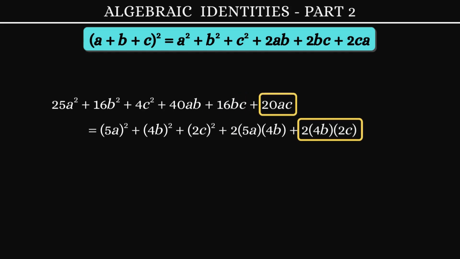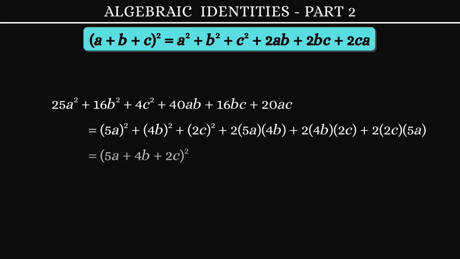And 20ac will be written as 2 into 2c into 5a. So, according to our identity, this can be written as 5a plus 4b plus 2c the whole squared.